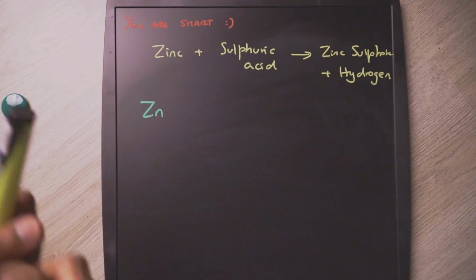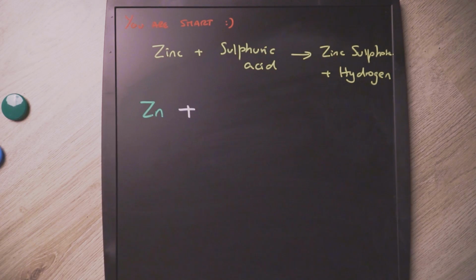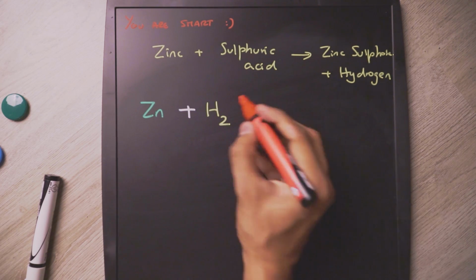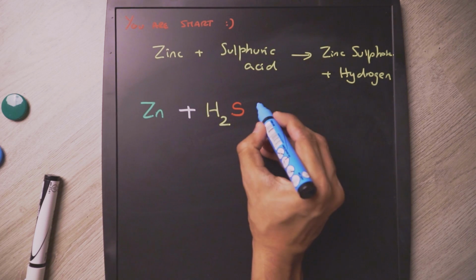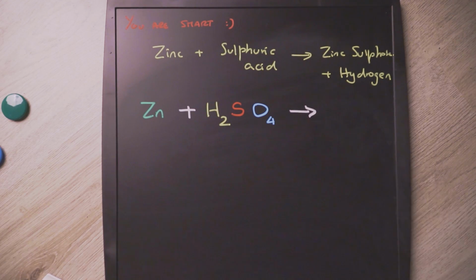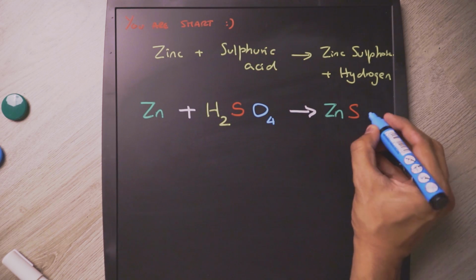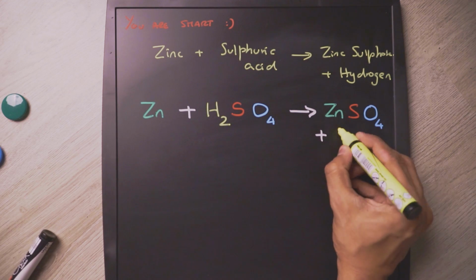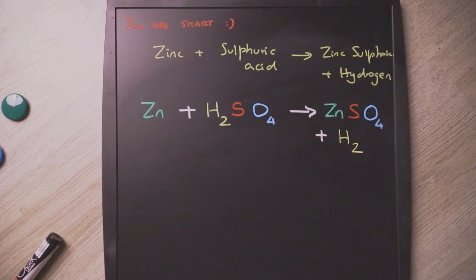Then this combines with H2SO4 and this creates ZnSO4 plus H2. Okay, so that's the equation for this particular word equation.